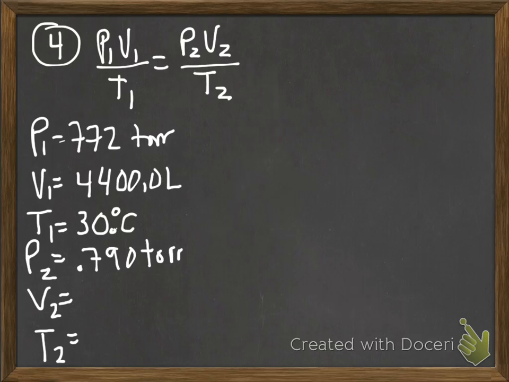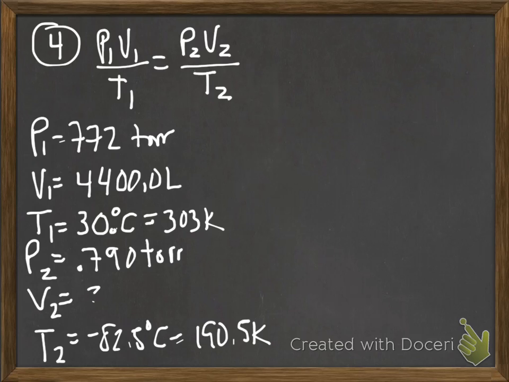It's also really cold up there because there aren't a whole lot of gas molecules to maintain any sort of heat. So the temperature is negative 82.5 degrees Celsius. So let's get these into Kelvin. We have 303 Kelvin, and we have 190.5 Kelvin.